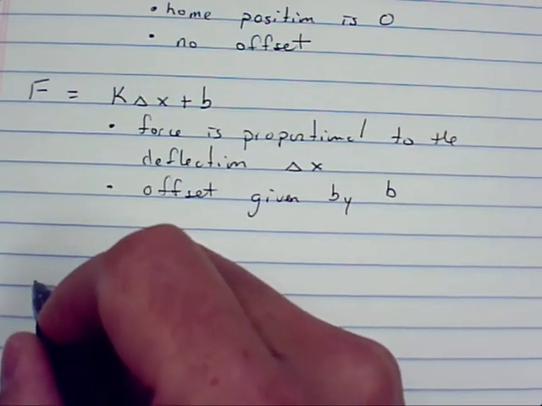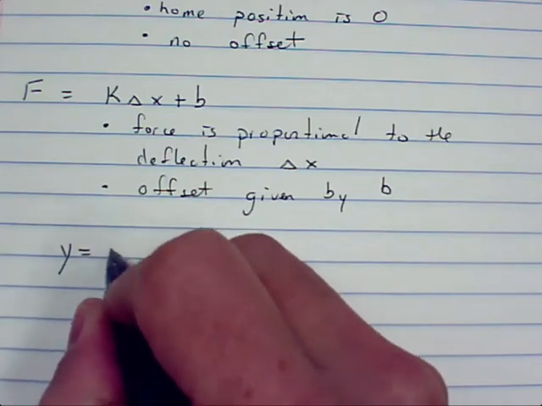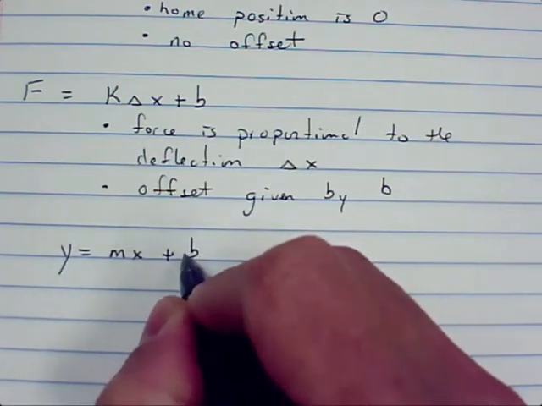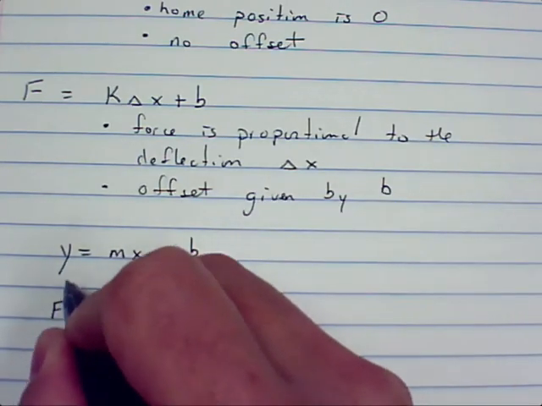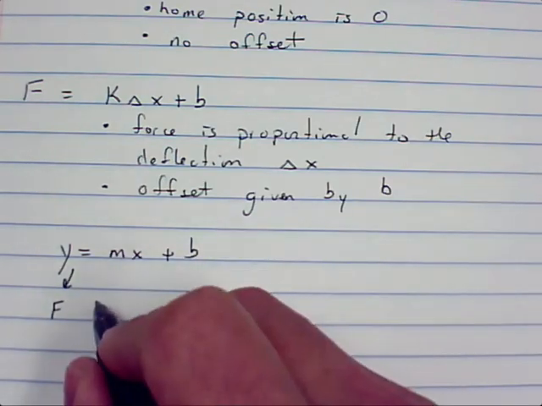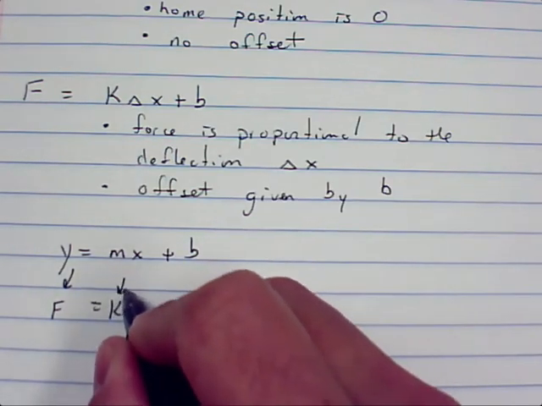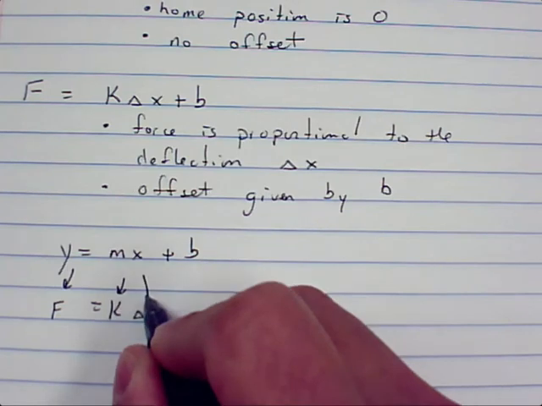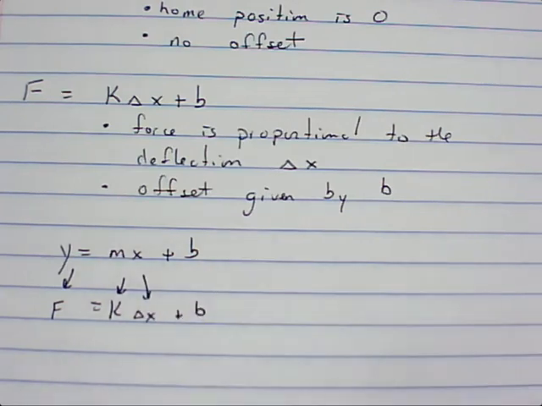It looks like y equals mx plus b, where you can think of F equals K delta x plus b.